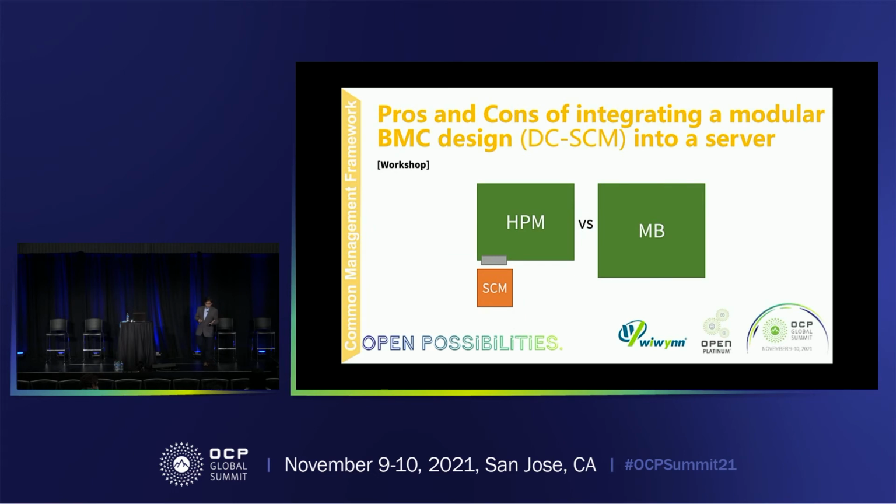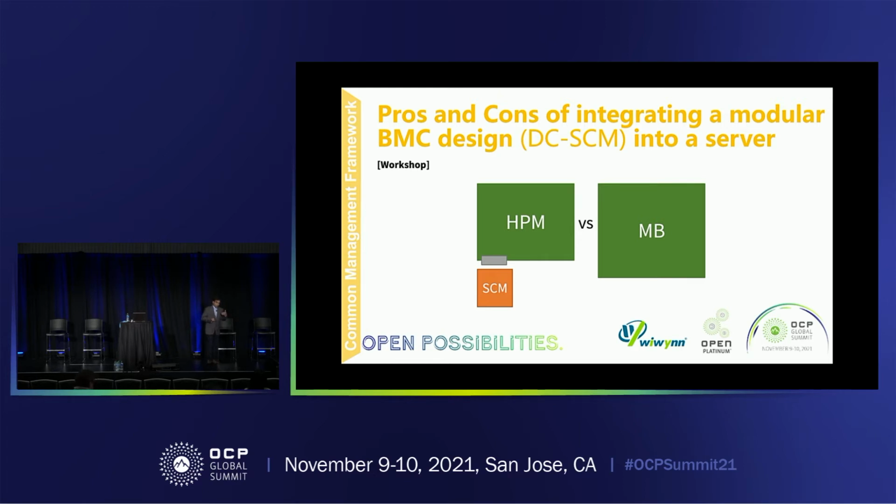So the first one, again, the journey started 2.5 years back. We started as a concept. We built a first modular design, taking a monolithic motherboard, which is the norm today, and breaking it into two components, the host processor module and the DC-SCM, the data center ready secure control module, and then standardizing the interface between them.